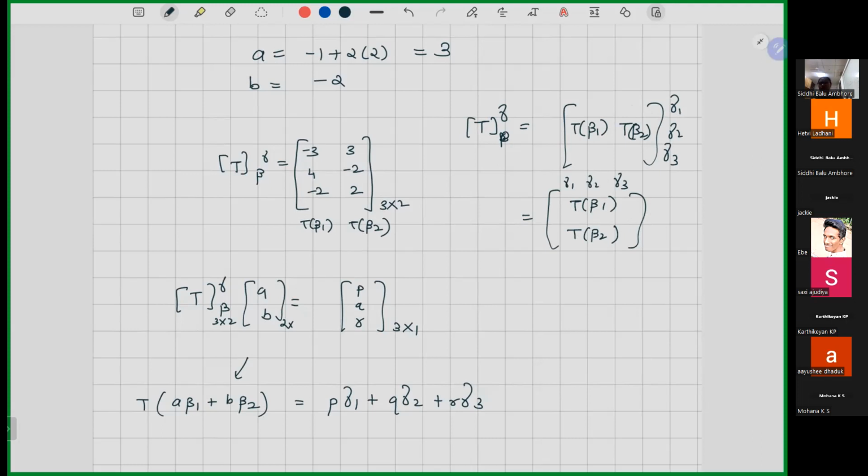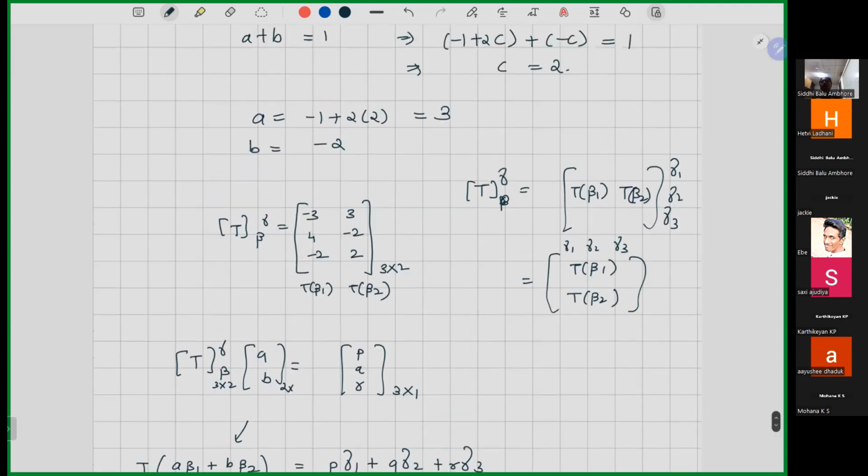When we find the matrix of a given linear transformation, the bases we consider are ordered bases. That is, we are giving an order to the basis elements. So the coefficients of the first basis element need to be written in the first row itself. You should not change it.